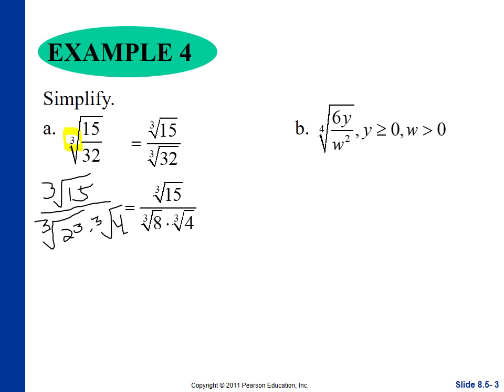So that's what 8 is. 2 cubed is 8. So now, when we go to simplify that, the 2 is out of the radical.